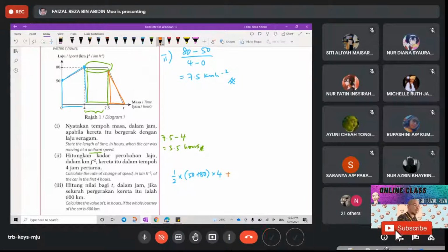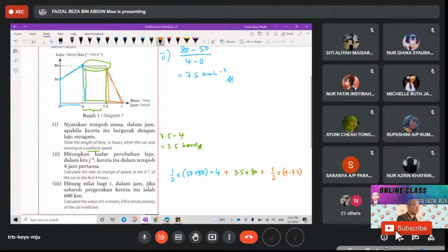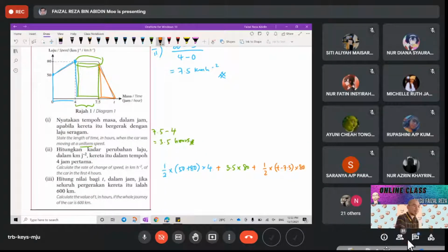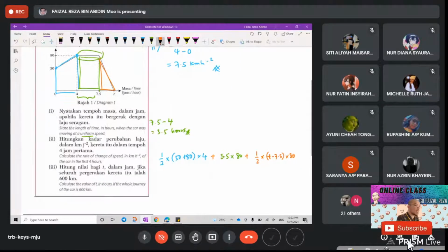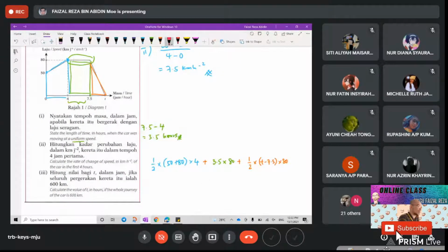Plus, next our rectangle, 7.5 minus 4 is going to be 3.5, times our height, 80. Plus our triangle, 1/2 times t minus 7.5 for our base, and our height here is the same, 80. So it's going to equal 600 kilometers.